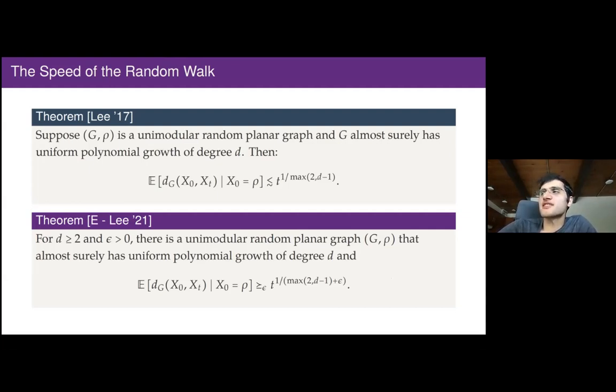More precisely, there is a nice formula that relates commute times and effective resistances, and then you can just use unimodularity to get from the bound on the hitting times to the bound on the speed of the random walk. Yeah, that's all I'm going to say about it.